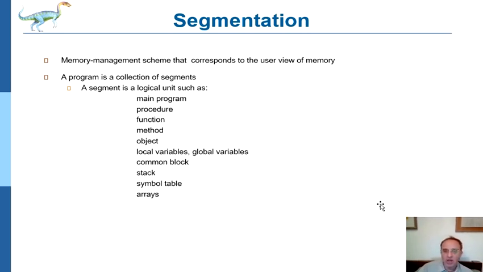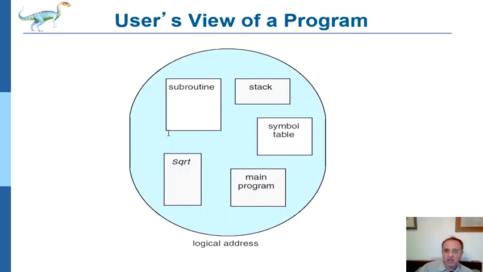It's composed of all kinds of different things. It has arrays. It has the main program. It has functions and procedures. It has objects. It has local variables, global variables. There are all kinds of different types of things. So we could make a segment for each thing. In other words, we could look at a program and say all of the main program flow will be in this memory location, and all of its stack manipulations will be in this memory.